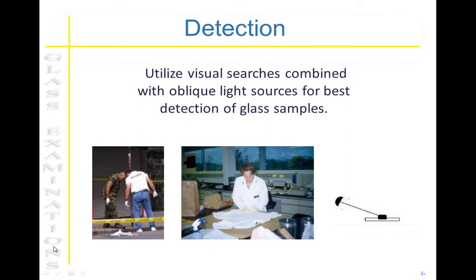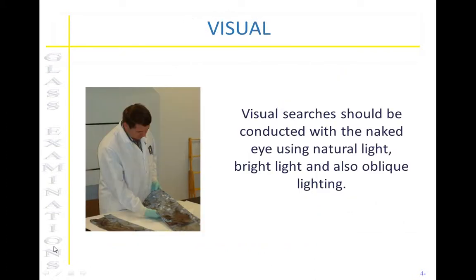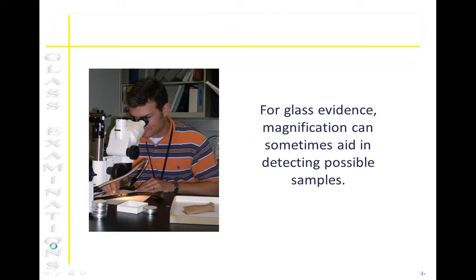It is usually detected by a very good visual search that can at times be combined with different light sources or the application of light at different angles. So usually you can find glass particles with your naked eye with natural light, but lighting from angles might also assist. In most instances, having greater magnification can aid in detecting glass particles.